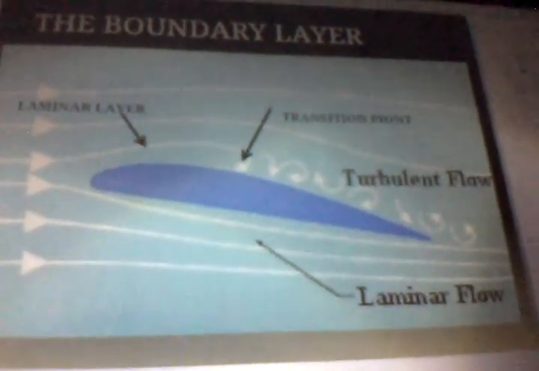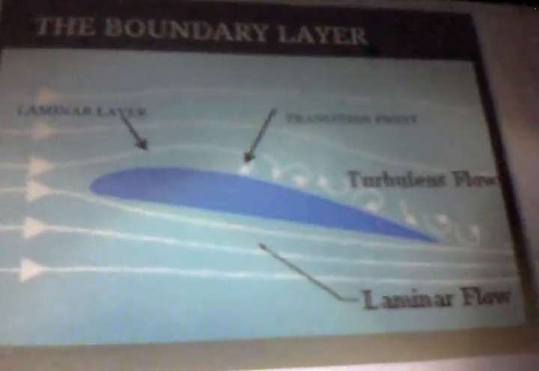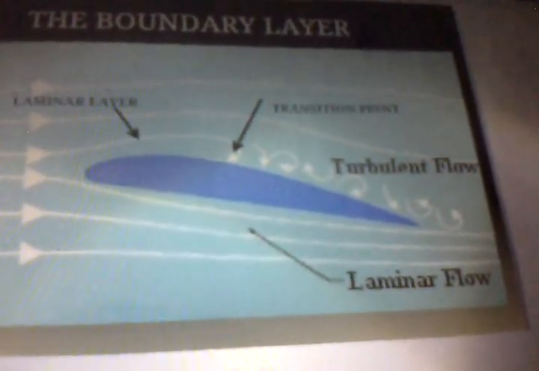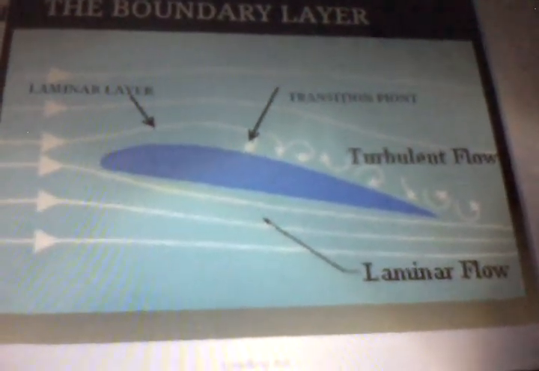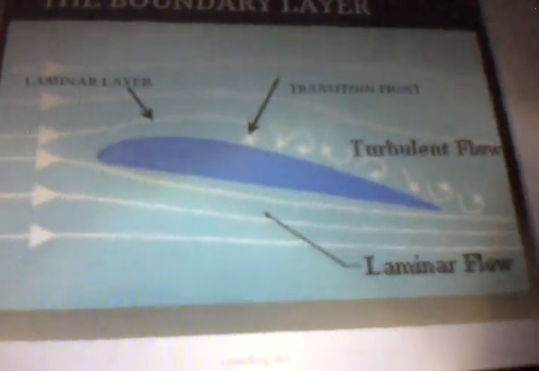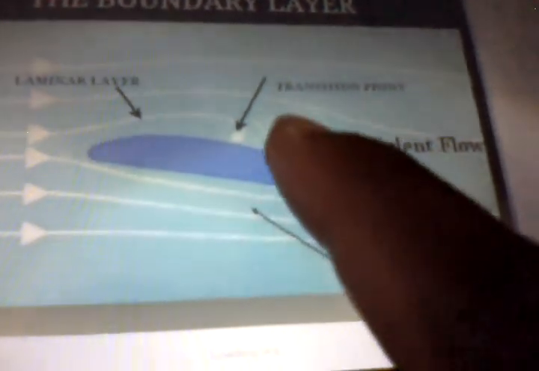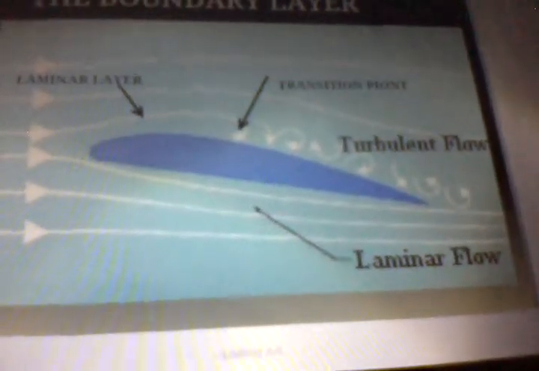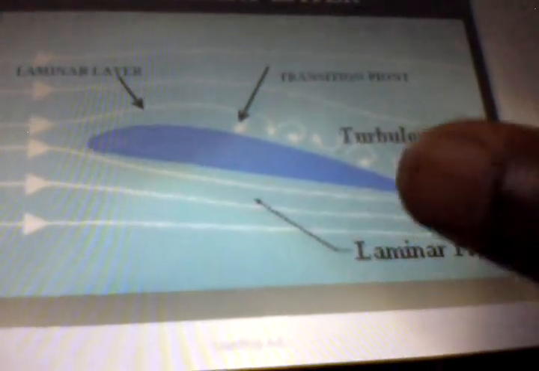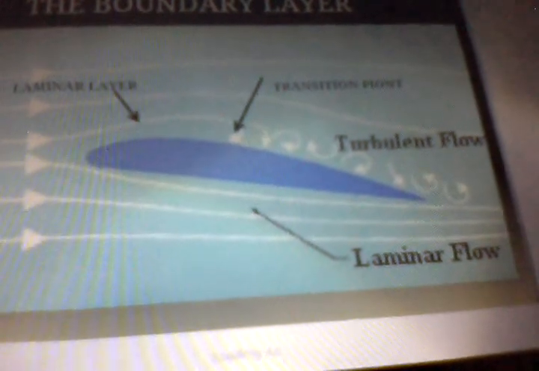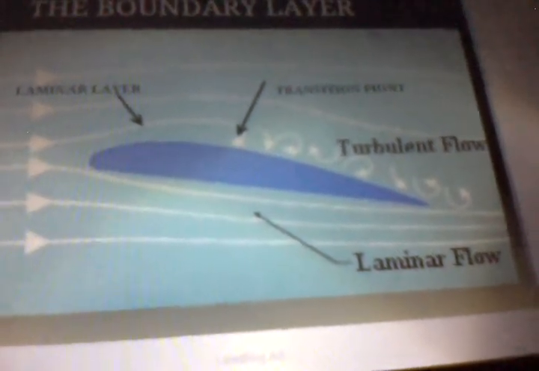That's the point where, as I said, you have a lot of surface friction, and it changes from that laminar flow to that turbulent flow. You can see here it starts to have some turbulent flow. Turbulent flow is a roughish flow going over the wing to the end part of the wing, and that's what they call the turbulent layer, the turbulent flow.